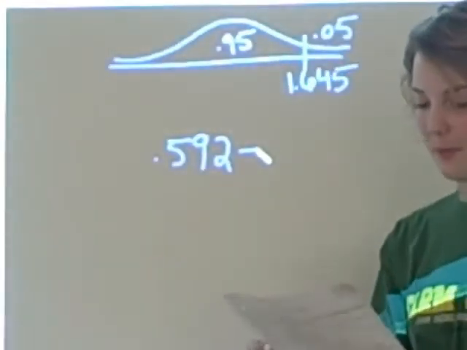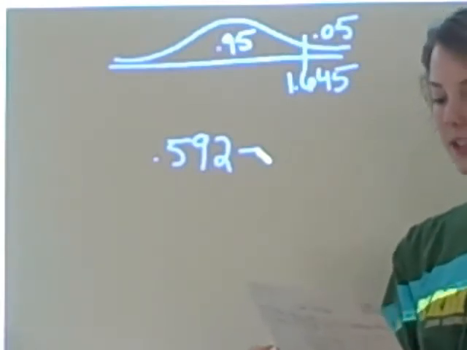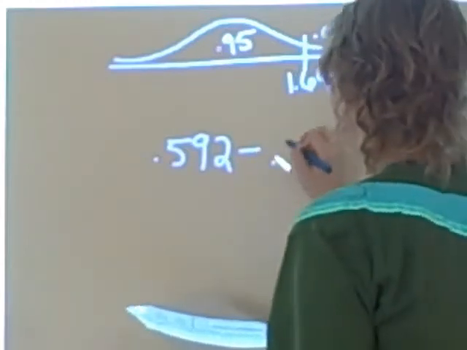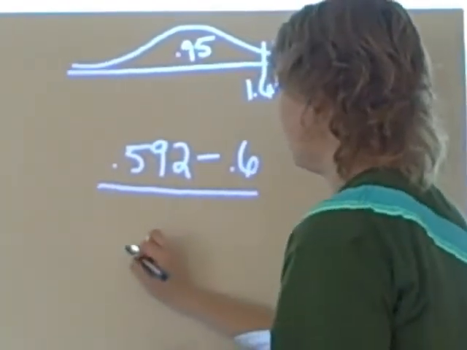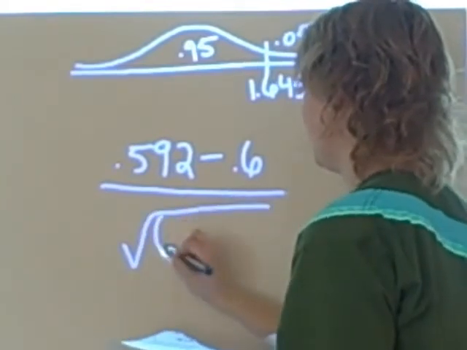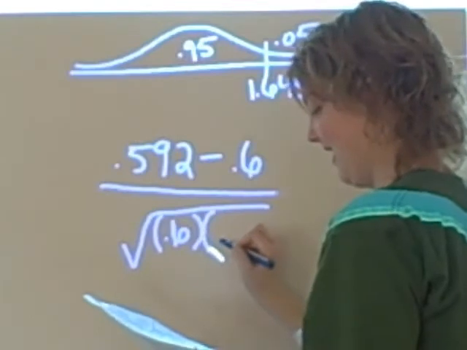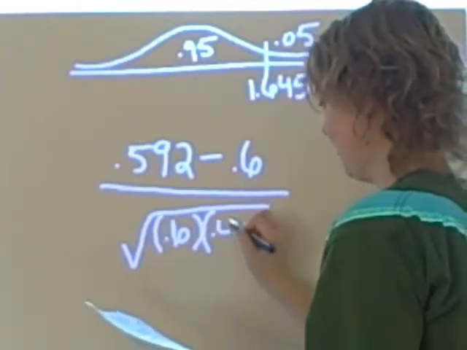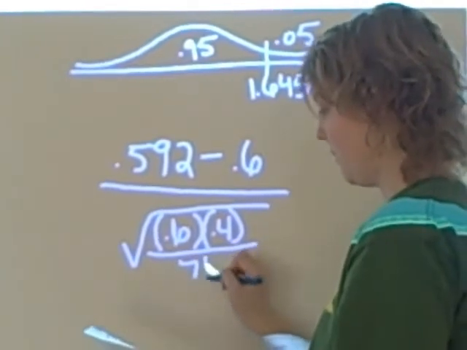To obtain the p, the probability that we wanted to find was in our claim, which equals 60%, so 0.6. All over the square root of p times q over the sample size, which was 71 people.